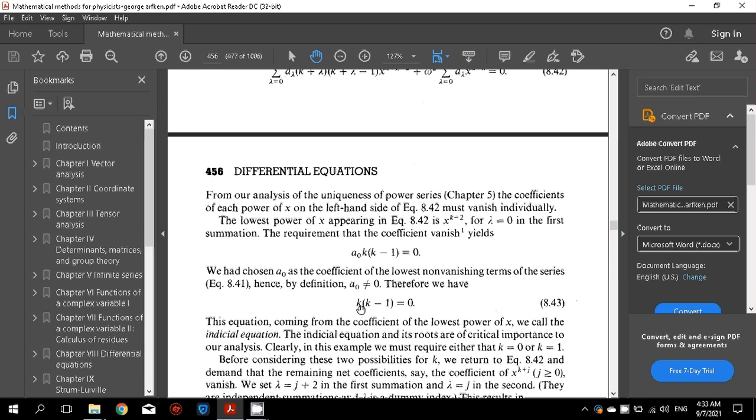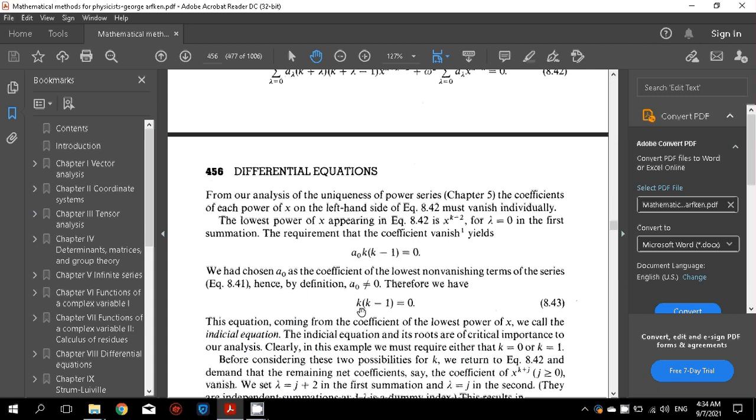This equation 8.43, which has been obtained by comparing the coefficients of the minimum power of x, is known as the indicial equation. The indicial equation of a differential equation is always obtained by comparing the coefficients of the minimum power of x, and this equation gives us two values of k.